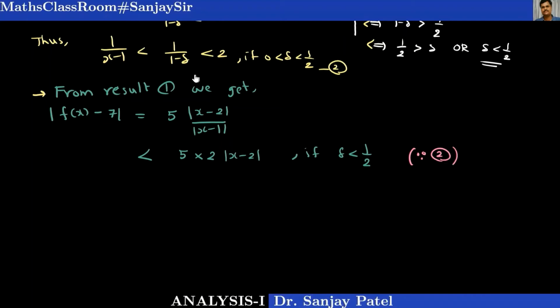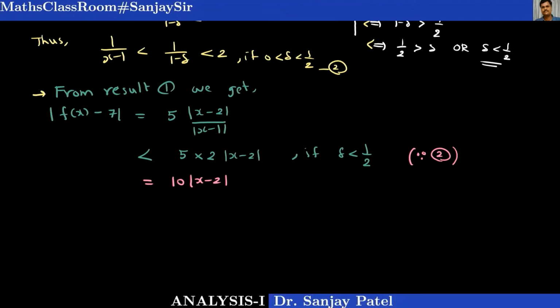Here it is. If I choose 0 less than delta less than 1 by 2, then 1 upon 1 minus delta is less than 2. So 1 upon x minus 1 is also less than 2. So this gives us, this is equal to 10 times x minus 2. Now it is very simple. Remember, we want to make mod of fx minus L less than epsilon, subject to the condition that 0 less than mod of x minus a, or rather x minus 2 here, is less than delta.